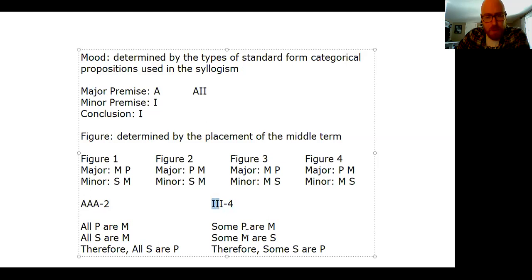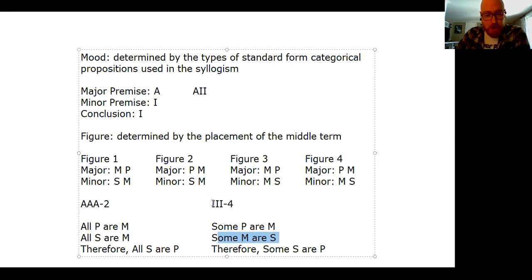Anytime both of your premises are I statements, regardless of the figure, the problem is with the mood. Since this premise doesn't distribute any terms, and this premise doesn't distribute any terms, and the middle term has to be distributed at least once, any syllogism where both of the premises are I statements is automatically going to be invalid.